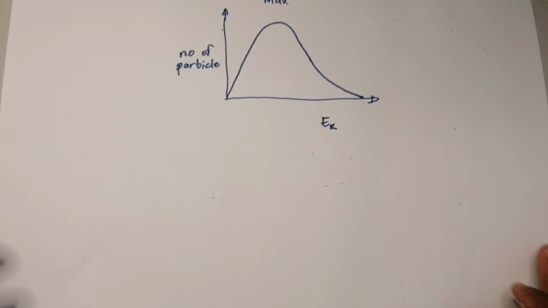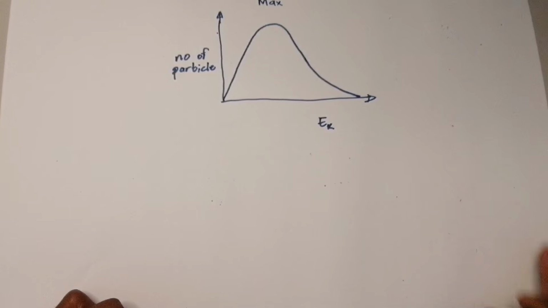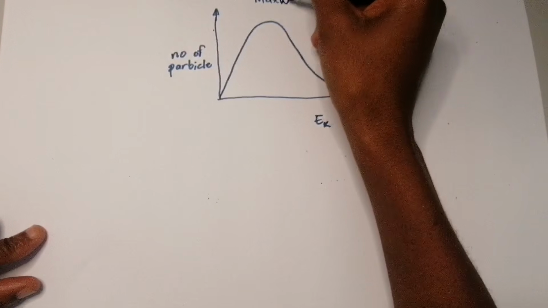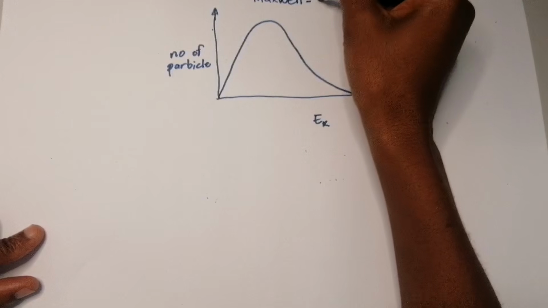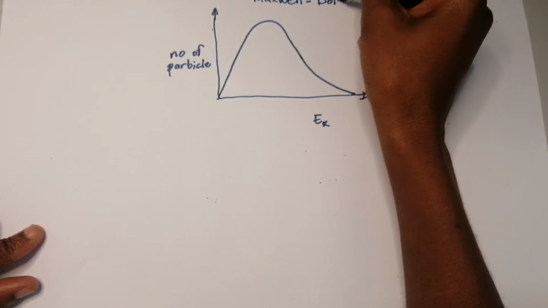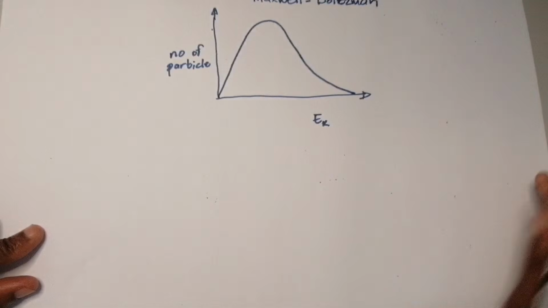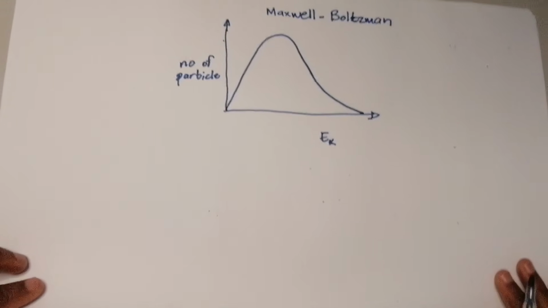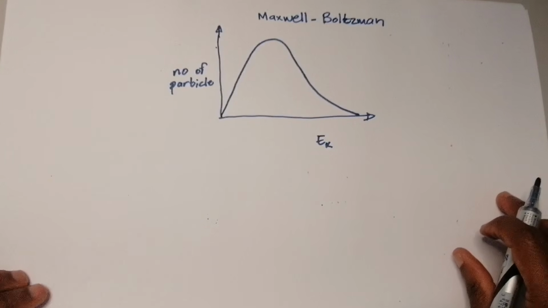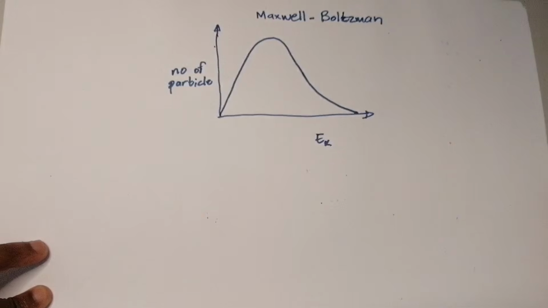This is the Maxwell-Boltzmann distribution. This distribution is actually a statistical distribution curve. For those of you who've done stats, you'd see this is a bell-shaped curve.